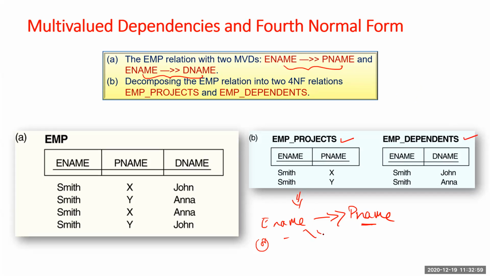Now, these two I call trivial multivalued dependencies. So now in the figure, EMP projects and EMP dependents are in 4NF, fourth normal form.